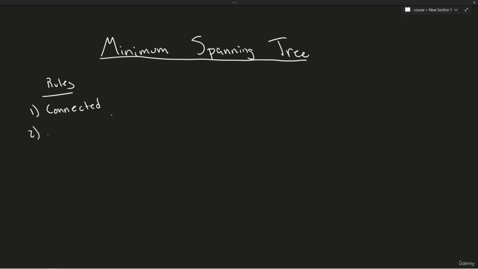The second one is no cycles. And the third one is the number of edges is equal to the number of vertices minus 1.